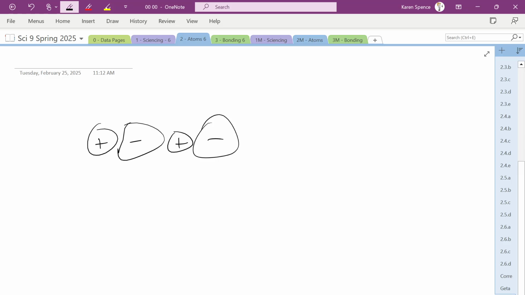If I have a water molecule, although this is a neutral molecule, these hydrogens are a little bit positive and the oxygen is a little bit negative. So what can happen is that the positive hydrogens, we can have a little water molecule come over here. The positive hydrogens can come around that little negative ion.